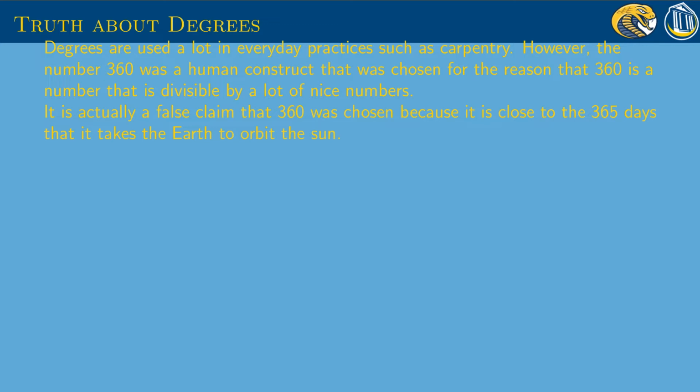Specifically, we can divide 360 by 1, 2, 3, 4, 5, 6, not 7, but 8, 9, 10, 12, 15, 18, 20, 24, 30.